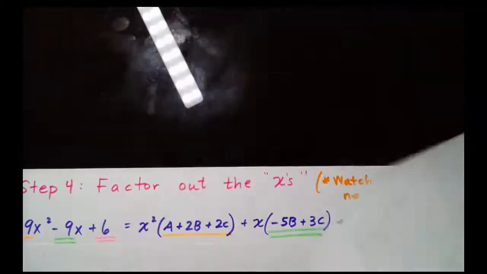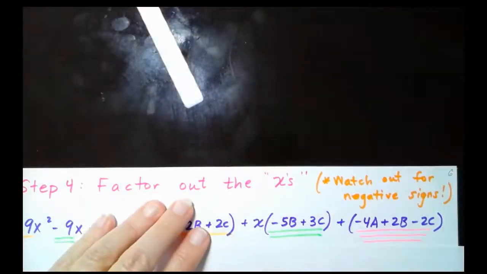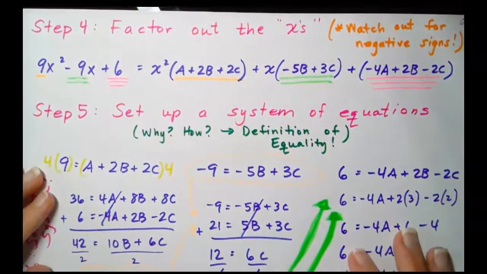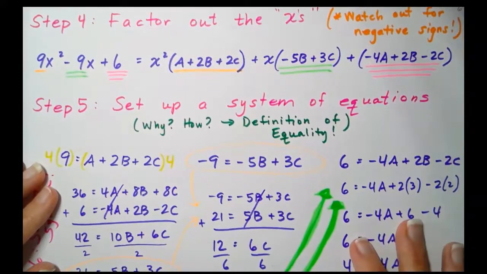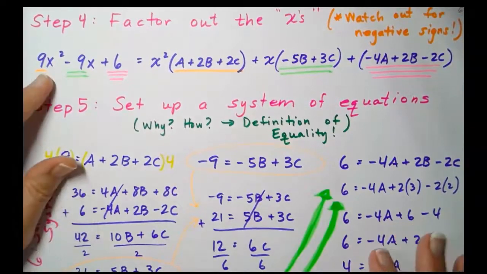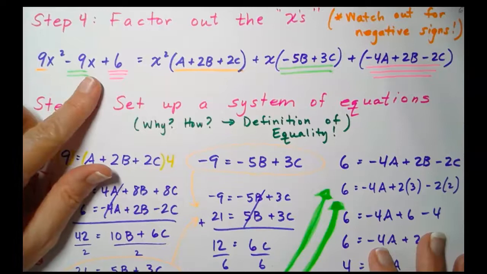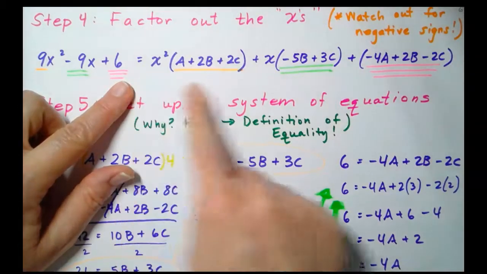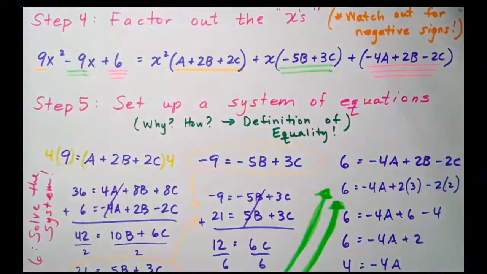So now what we've got to do is compare using the definition of equality and say, okay, if 9x squared minus 9x plus 6 is equal to all of that, well, by the definition of equality, which basically says that the left-hand side must weigh the same as the right-hand side, then what must be true?